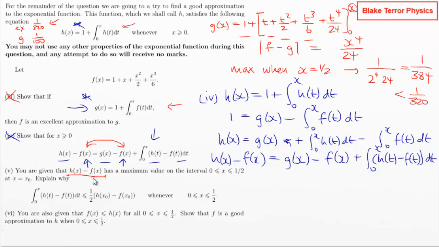So we've got some function between 0 and a half that has a maximum value. Then when we integrate that function between 0 and something, we don't know how far we're going, whenever x is in that range.